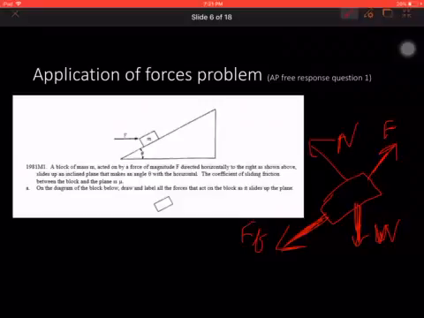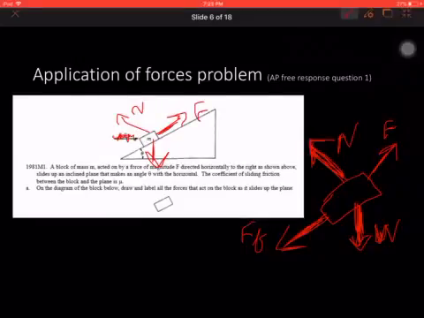So this normal force is perpendicular to the surface. This is your weight force, going straight down. Also, this is your applied force, right here. I don't know why they did this, that's confusing.